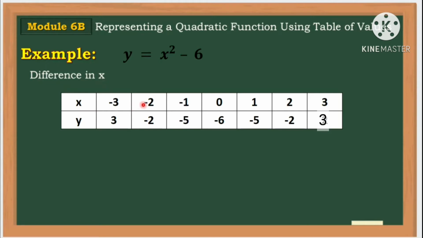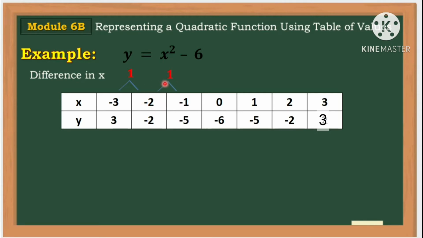So we have here negative 2 minus negative 3. So magiging negative 2 plus 3 is equal to 1. So susubtract natin mula dito papunta dito. Next, negative 1 minus negative 2 will give us 1.